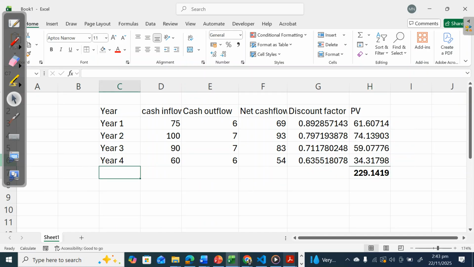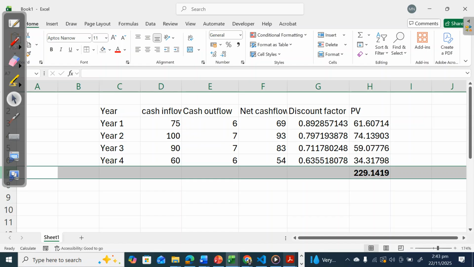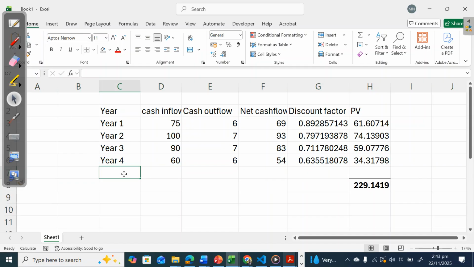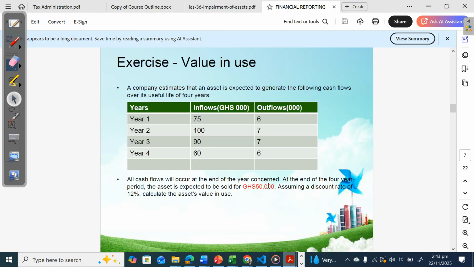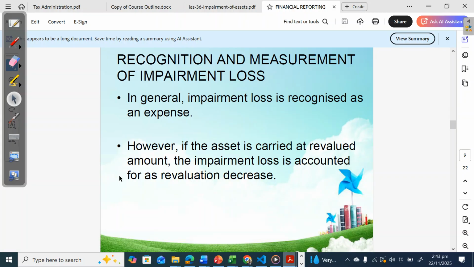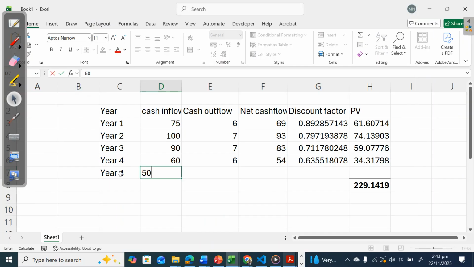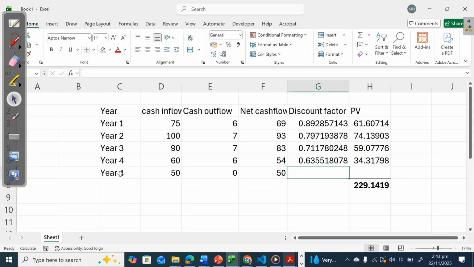So we need to come back to our workings. Year four, we have decided to sell the asset. So if we sell it, we'll get an inflow of 50,000, using the same discount factor.